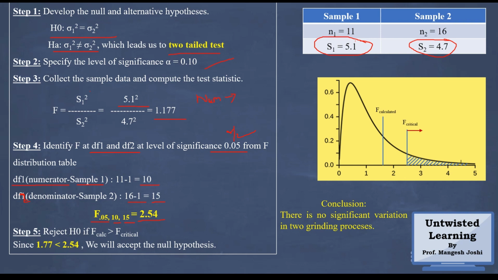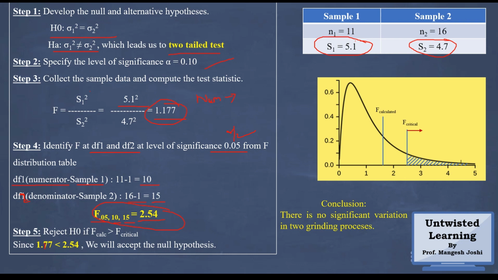So the rule is reject H0 if F calculated is greater than F critical. Since 1.177 is less than 2.54, we will accept the null hypothesis.